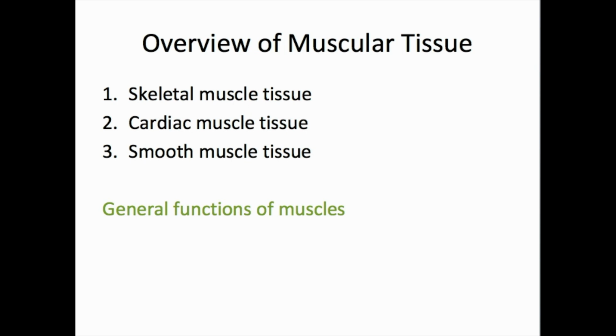By the end of the lesson, you should be able to name the contractile proteins of muscles, and you will be required to enumerate the events which occur during the neuromuscular transmission.